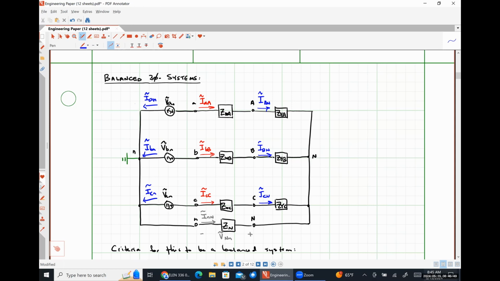So they're just multiplied by 1 angle 180 degrees. So once again, we should easily be able to see that our phase currents in our source are also going to be equal in magnitude, but have exactly 120 degrees of phase separation. What if we wanted to look at the phase voltages across our load?